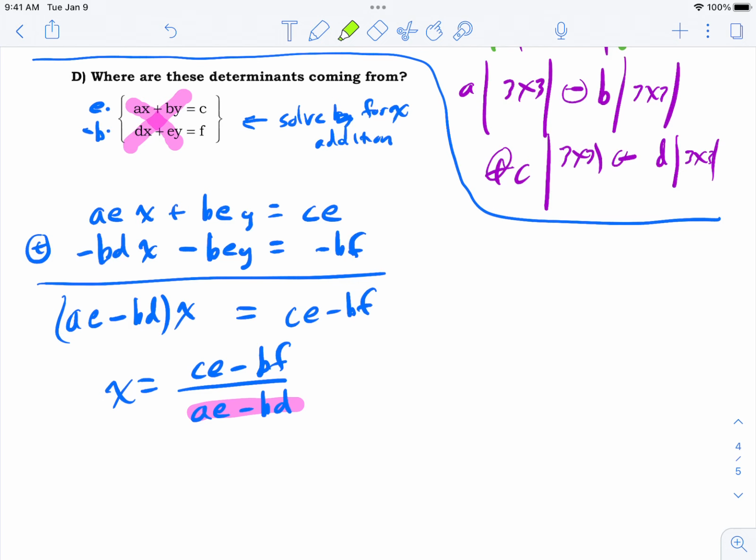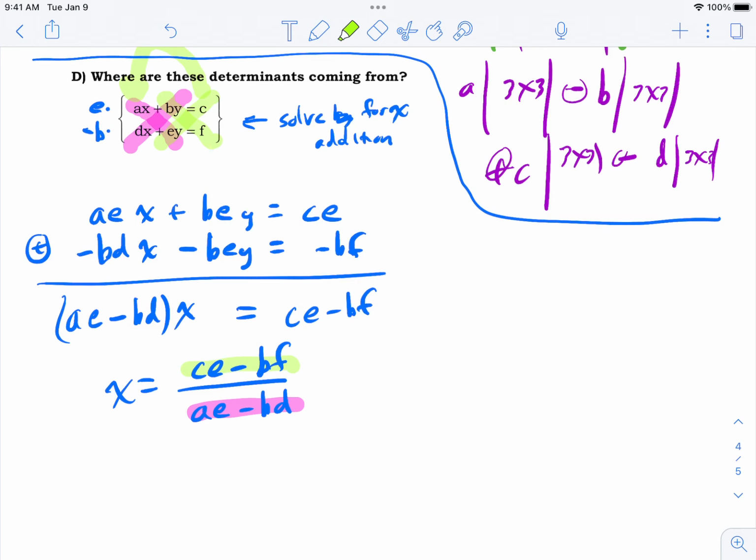Then you look at the top, you say CE minus BF. How would you do that? Well, there's the C times the E, and BF would be the B times the F. So it's a different cross order. It's as though you took this column and you put it here so that you would have a C times an E, minus a B times a D. Yep. So it's just a pattern that the guy recognized, I guess.